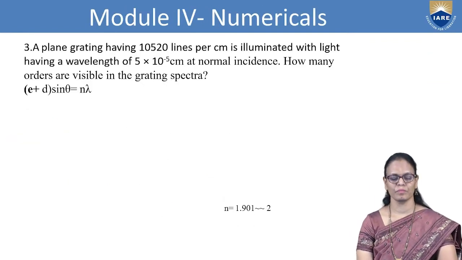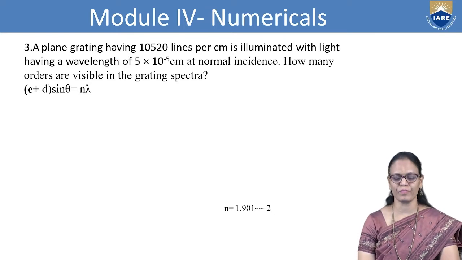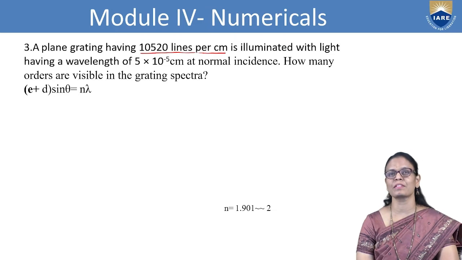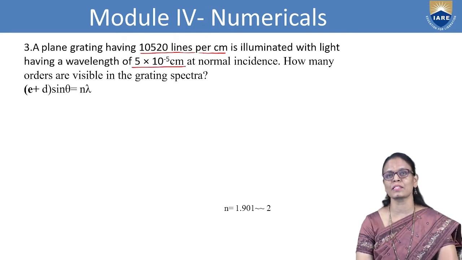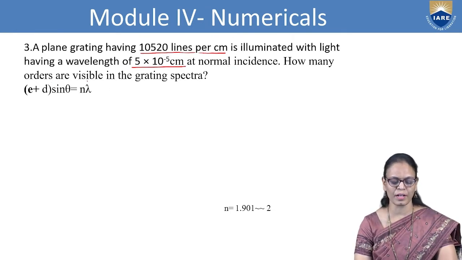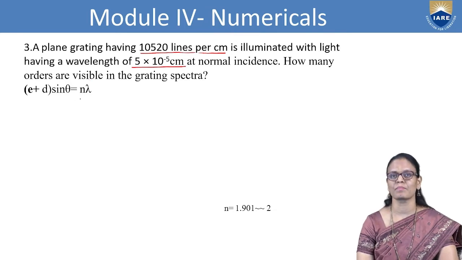Now the third one. A plane grating having 10520 lines per centimeter is illuminated with light of wavelength 5 into 10 power minus 5 centimeter at normal incidence. So how many orders are available or visible in the grating spectrum?